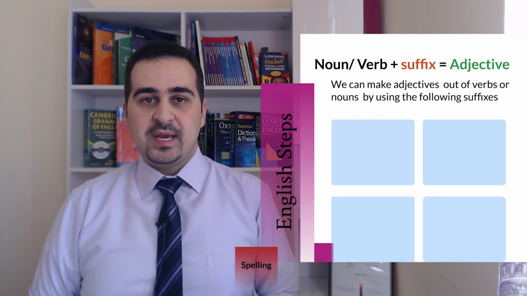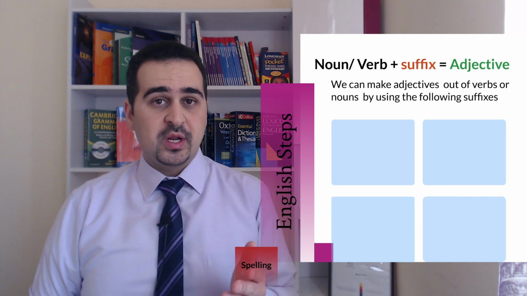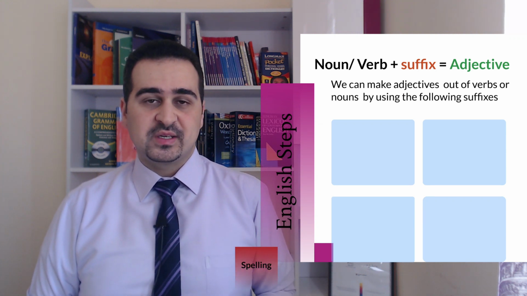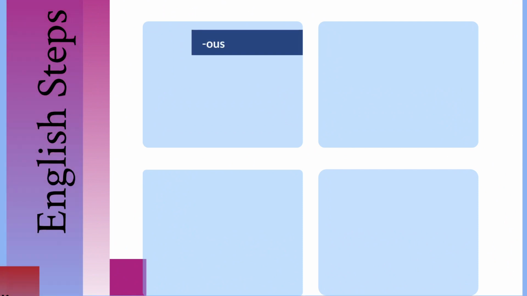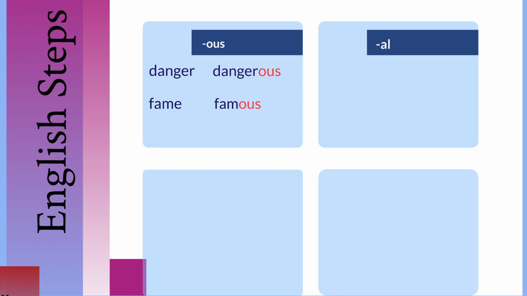In English, we can make adjectives out of verbs or nouns by using the following suffixes. The first one is OUS. For example, the word danger is a noun. We can change it into an adjective by using the suffix OUS. It becomes dangerous. Another example, fame becomes famous.